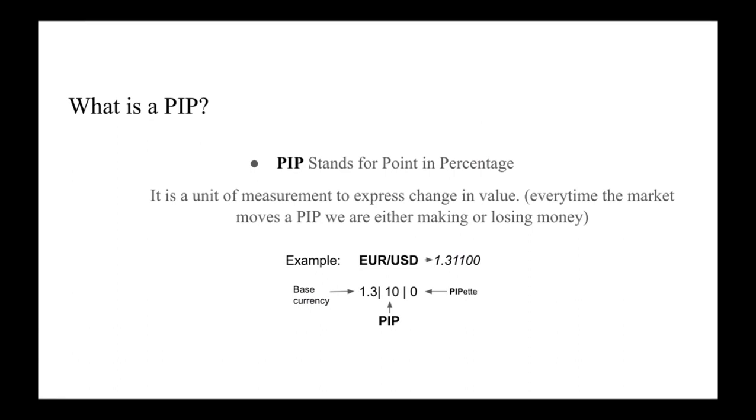So if you expected the market to move 100 pips and you have $1 per pip, you're essentially looking to make $100 if it's in the right direction. I'll give you time to explain that before. I'm not going to go to the next slide, but I feel like that should be explained more in depth.